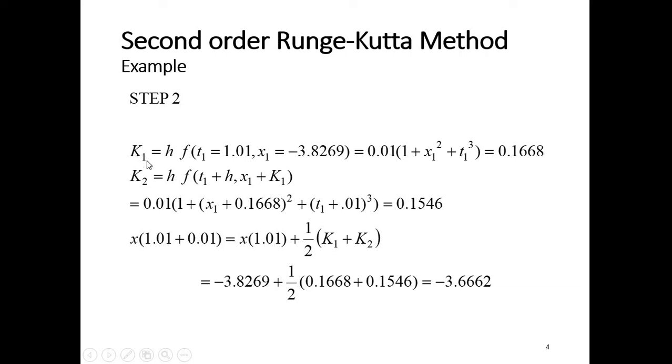Our k1 now is given by h f of, remember we are now on the next step, t naught plus h, which is t1, which is 1.01, and then our x1 was computed in the previous step, which is minus 3.8269.